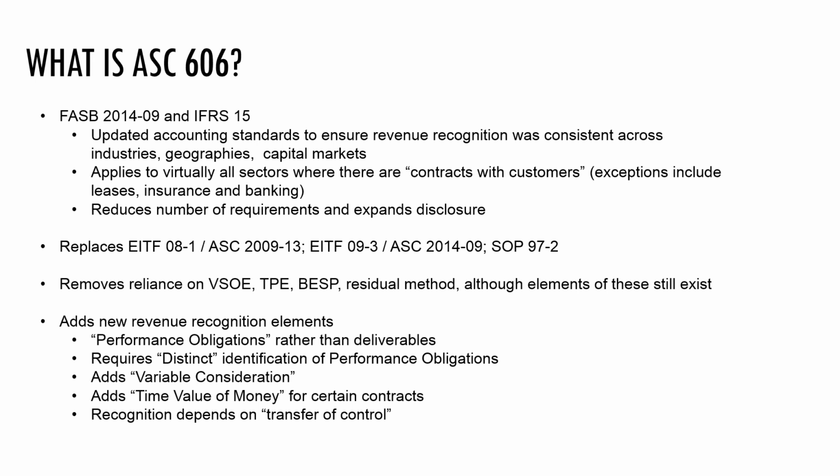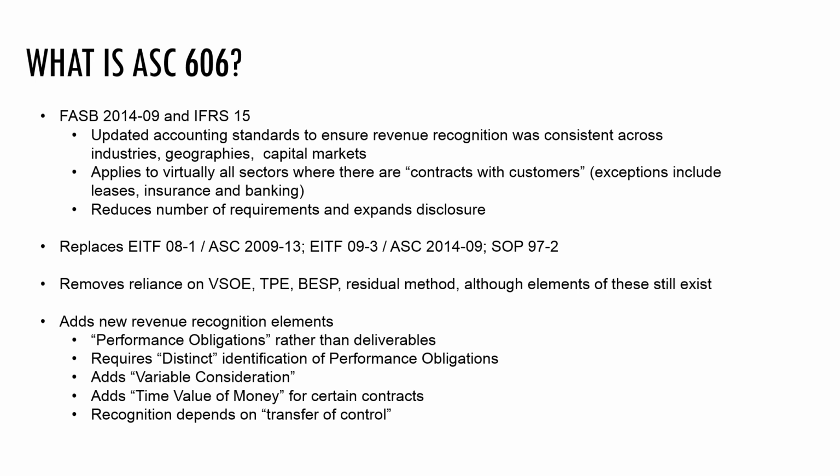Current standards such as EITF 08-1, SOP 97-2, which are very common in the hardware software industry, rely very heavily on things like vendor-specific objective evidence, or VSOE, third-party evidence, best estimated selling price, the residual method. Most of this is going away. You'll see some similarities as we go through 606, but you won't see those phrases anymore other than the residual method does pop up its head at one point later on.